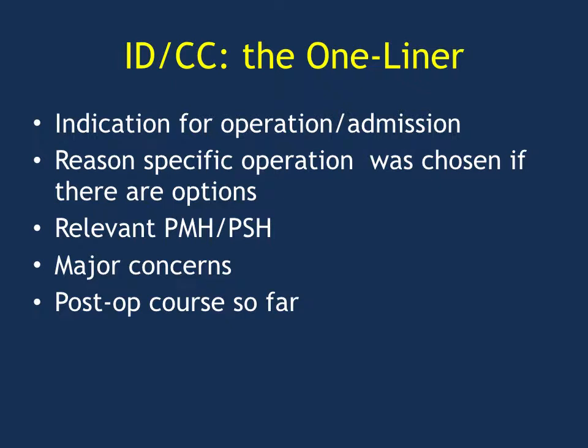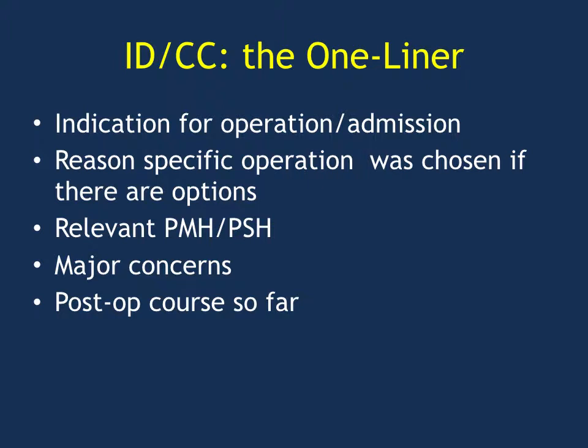So if we take the vascular surgery example again, if there was a choice between a bypass versus a stent placement, if that could be explained, that would be an excellent way to demonstrate an interpretation of or a higher level of thinking. And here you can also include the most relevant past medical or past surgical history that might affect the post-op recovery, such as severe COPD or CHF.